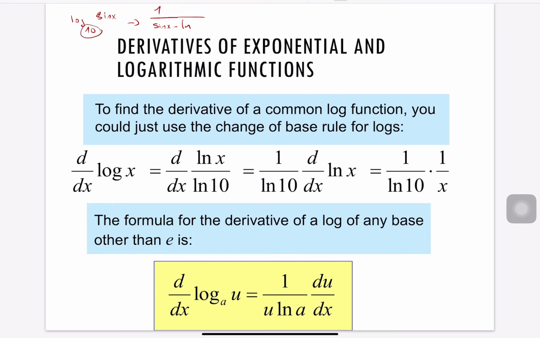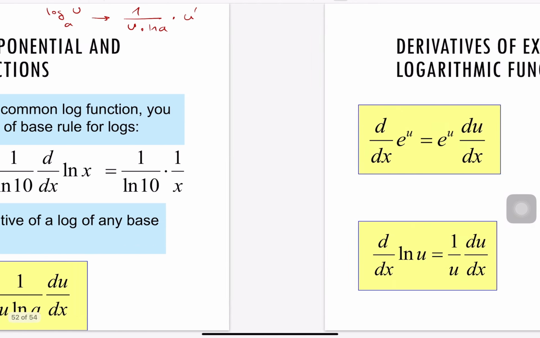Ln of the base is 10, multiply the derivative of the sinus, which will be cosinus 6x. Then I can write the formula: log base a of u, the derivative will be 1 per u multiply ln a multiply u prime, the derivative of u. It is a very, very important formula.